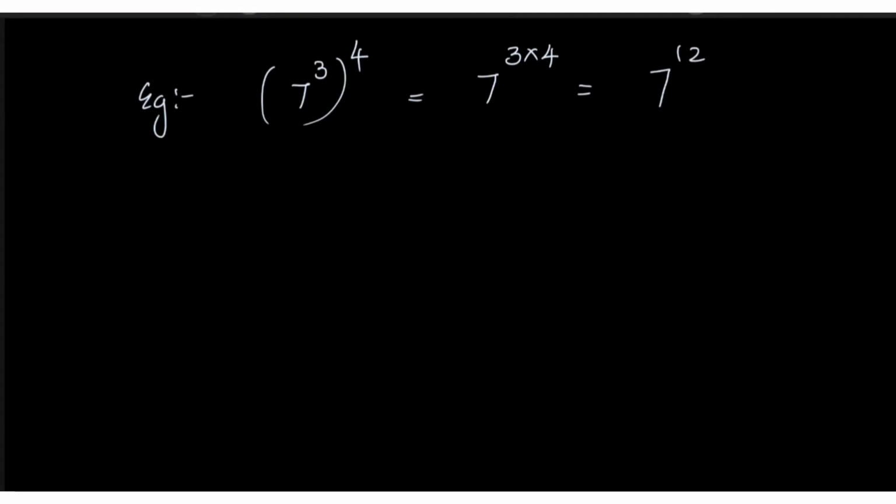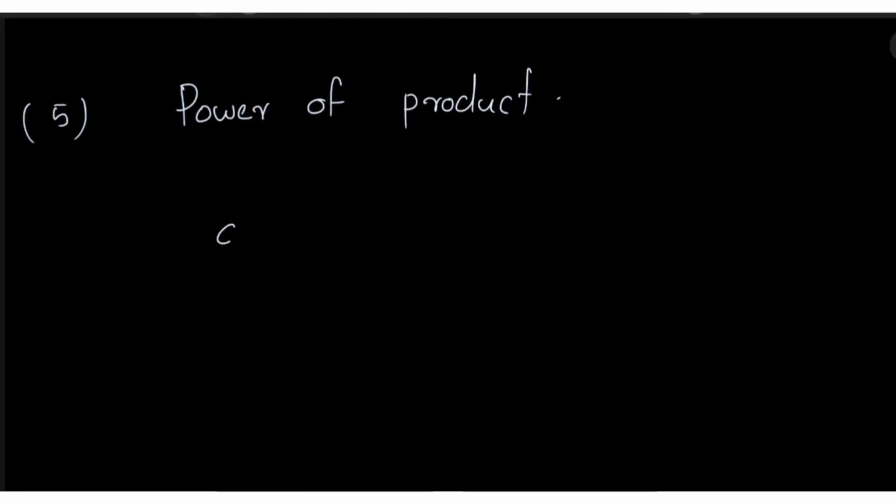And the next, fifth law, is power of a product. That is ab, two non-zero integers multiplied and then raised to a power n, is equal to a raised to n into b raised to n. That is, separating the non-zero bases and putting the power on each of the bases.